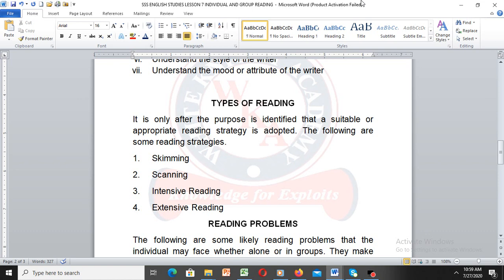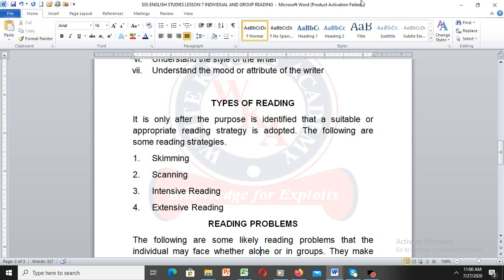That is what we call skimming. At this time, you are just reading quickly at the text. You are not reading the whole content or the context of the writer. Is that taken? Next is scanning.